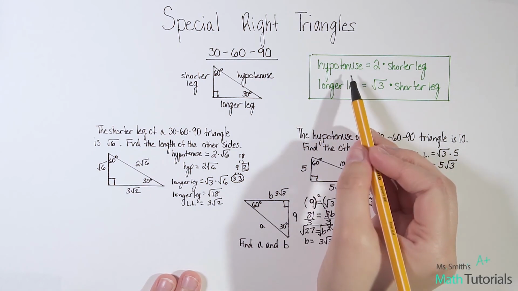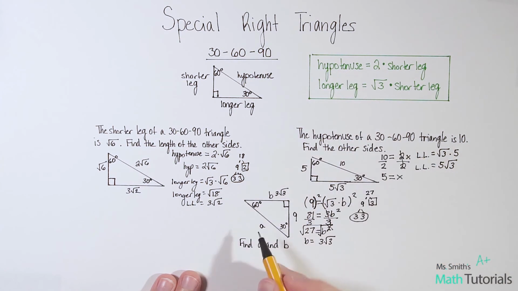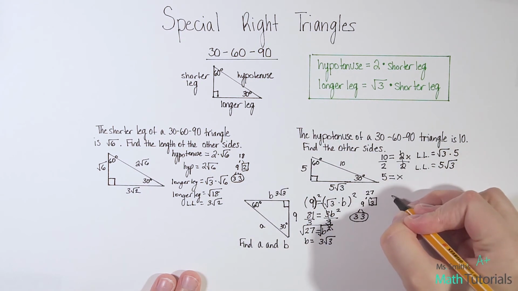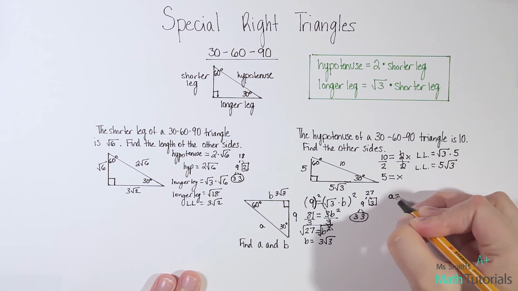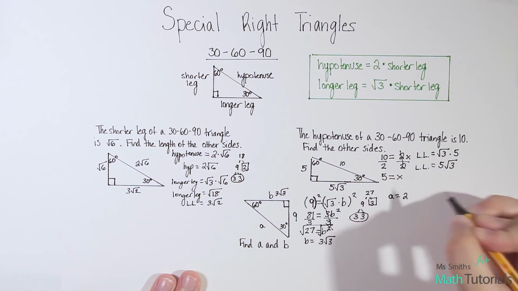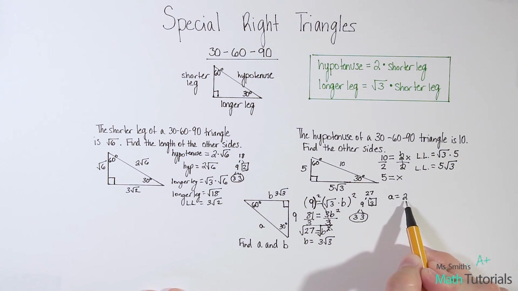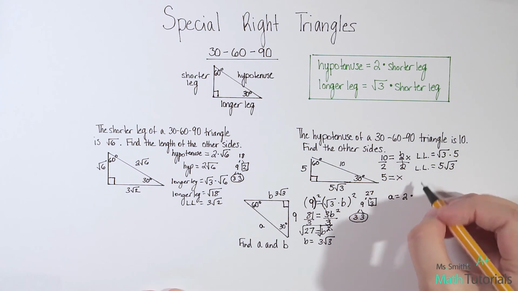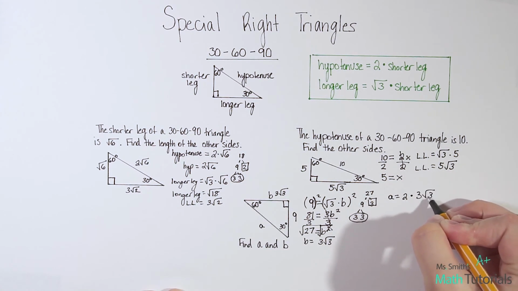So now I can go back to that original rule, the hypotenuse, in this case a. So I'll just say a equals, or I could write hypotenuse equals, either way, 2 times the shorter leg. And I know the shorter leg now, it's 3 times square root of 3.